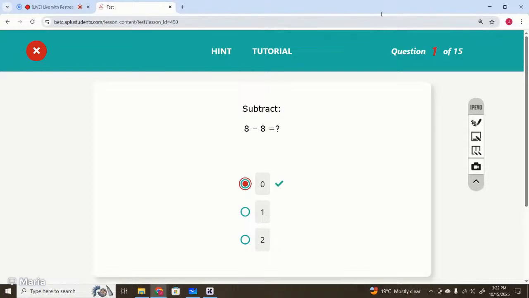Option number 1 is the correct option. Four take away 4 is 0. Subtracting a number from itself always makes a 0. Whatever number it is, the answer is 0.